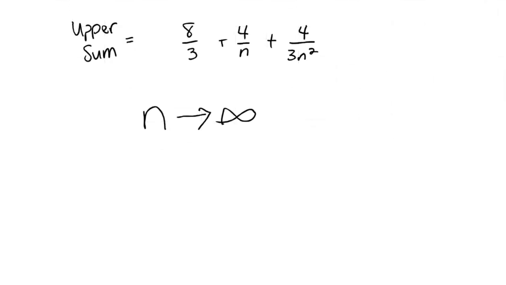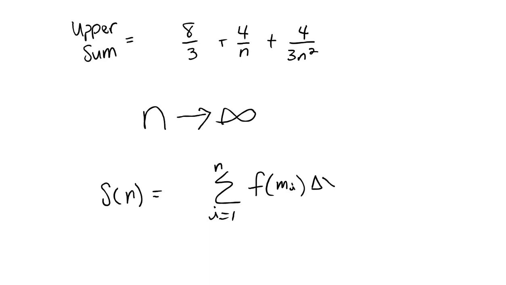So if we were to take our lower sum formula, which remember our lower sum formula is S of n equal to the sum i equals 1 to n, f of the minimum, delta x.